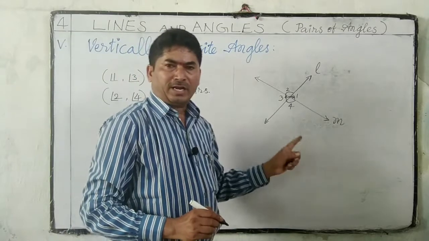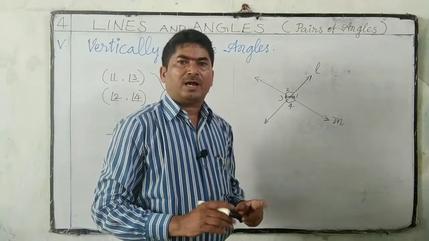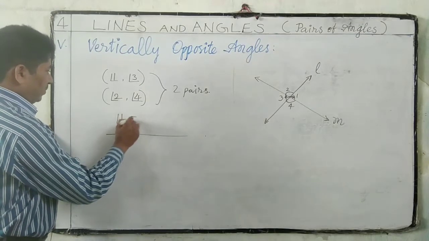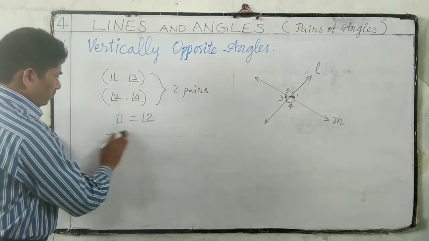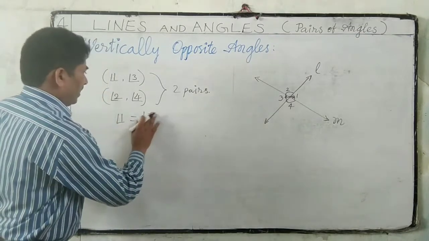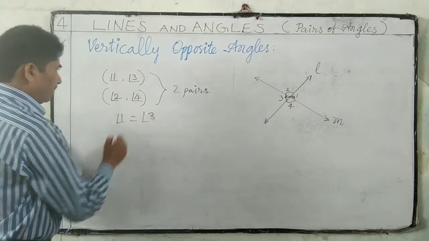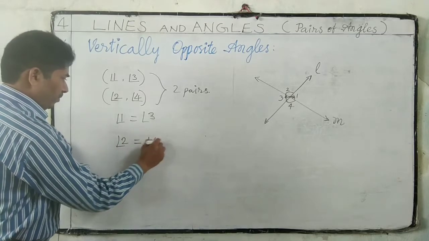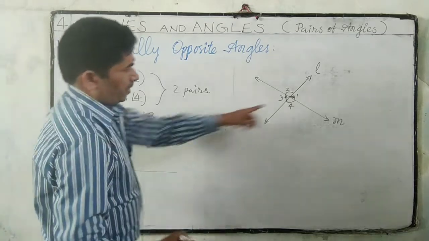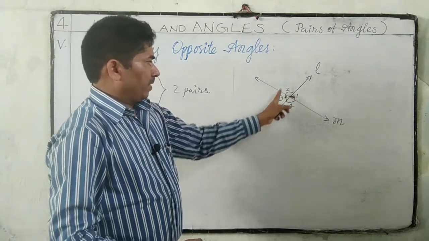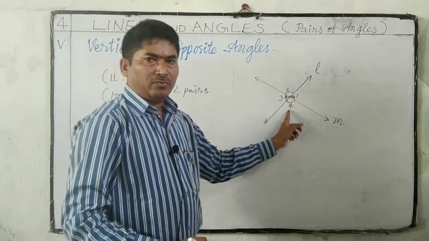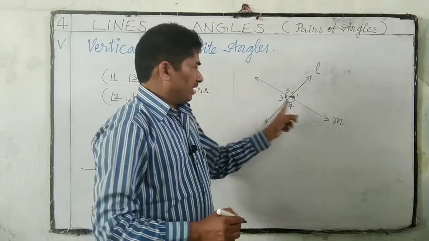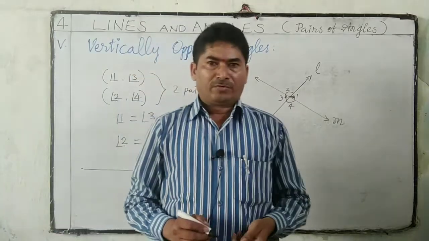These vertically opposite angles are always equal. Angle 1 is equal to angle 3, and angle 2 is equal to angle 4. These vertically opposite angles are equal.